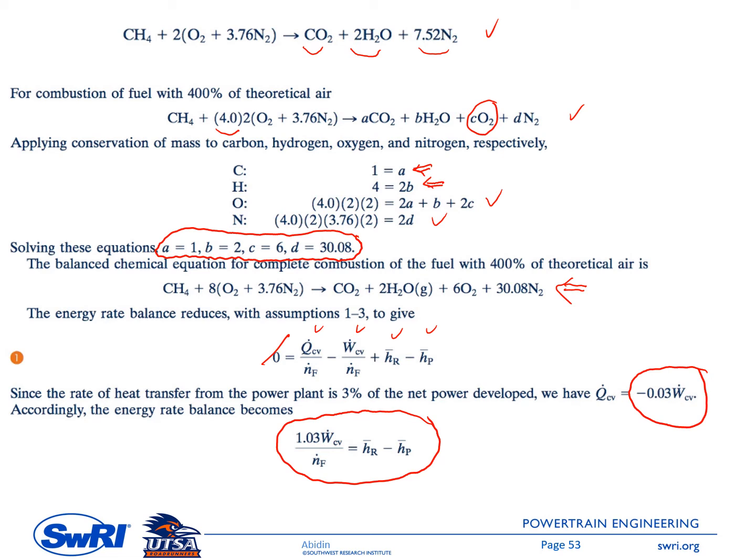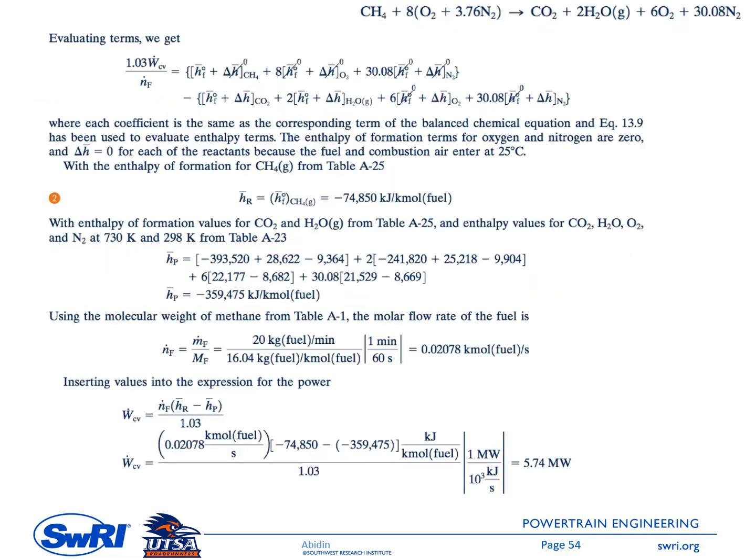It is balanced by the difference of the enthalpy flow between the reactant and product. So the reaction of the methane with 400% of air is shown at the top right. Now we need to evaluate each term in this energy equation.